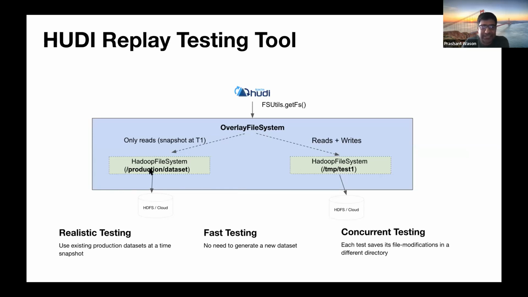We use the production data sets in a read-only fashion, and we implemented an overlay file system in Hudi, and all the writes then get diverted to a temporary location. So we can use existing large data sets, at very high petabyte scale, to do all our testing of this metadata development and for performance figuring out. So it allows us to do very fast, realistic testing.